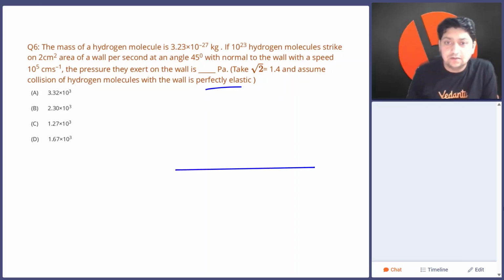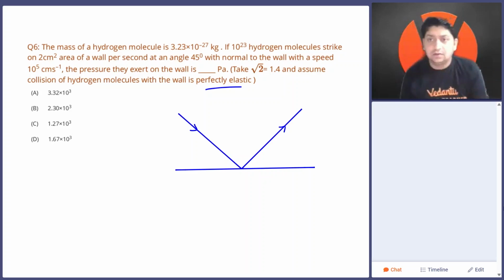All right, suppose this is the wall and this is the hydrogen molecule coming and it hits and is reflected back, right? And over here, this is the direction in which the particle comes.